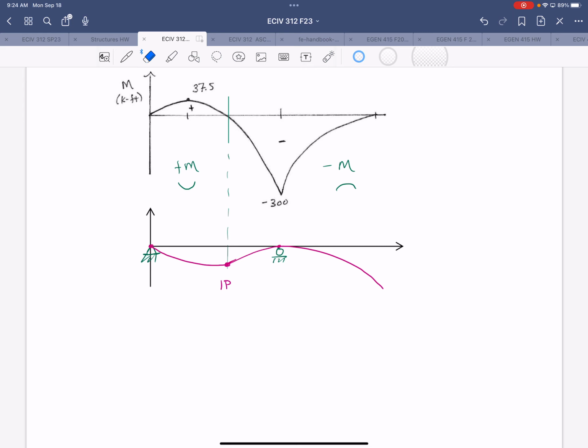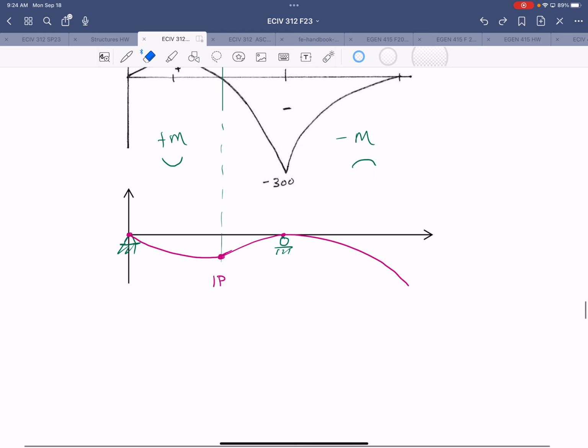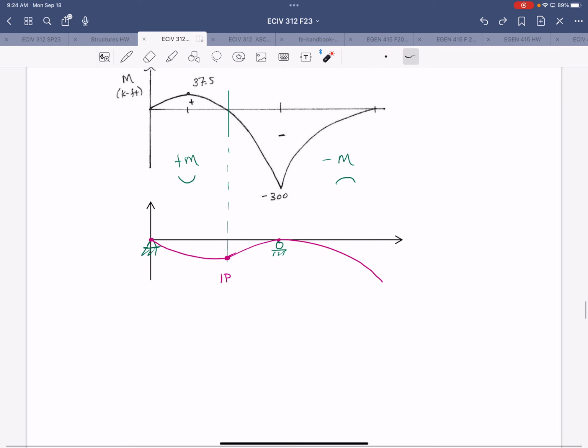That's where it's changing from positive curvature to negative curvature, and it can be a little tricky to draw it perfectly. I'll usually just ask you to identify the inflection points and do your very best to draw it concave down on one side, concave up on the other as appropriate. It's also going to be a smooth, continuous line even through that inflection point.